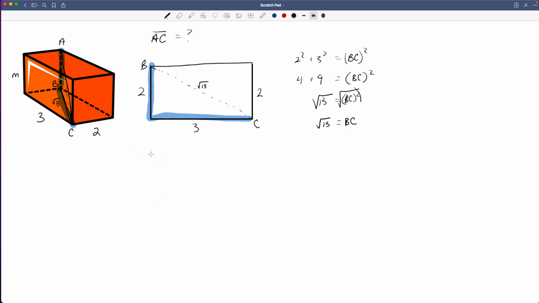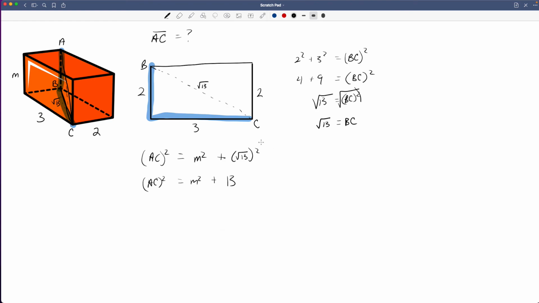So AC squared, that's our hypotenuse, is equal to M squared plus BC squared, because that's the base, which is that diagonal. So that would be the square root of 13 squared. Square root of 13 squared is going to be 13. So AC squared equals M squared plus 13. Right?